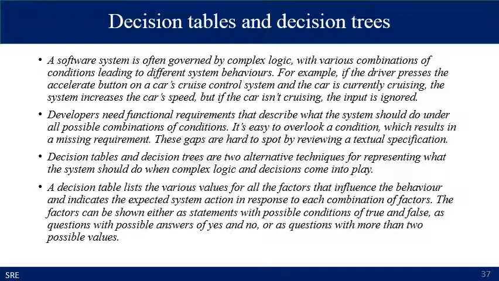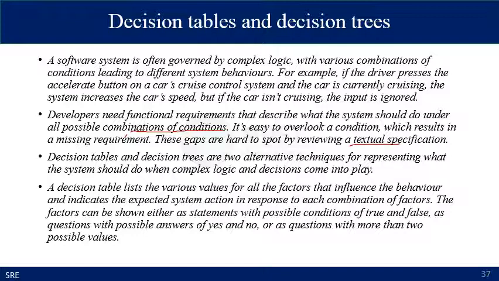Developers need functional requirements that describe what the system should do under possible combinations of conditions. It is easy to overlook a condition, which results in a missing requirement. These gaps are hard to spot by reviewing the textual specifications.